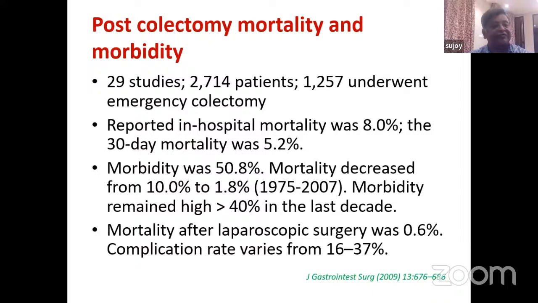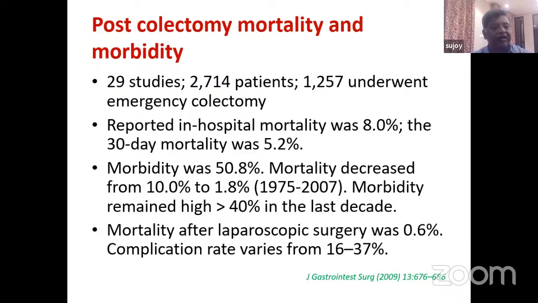So mortality has, of course, decreased over the 2000s, and the morbidity has still remained high over the last decade, largely because of wound-related morbidity and, of course, episodes of adhesive intestinal obstruction. Mortality after laparoscopic surgery has been reported to be quite low, and the complication rates have also somewhat diminished.